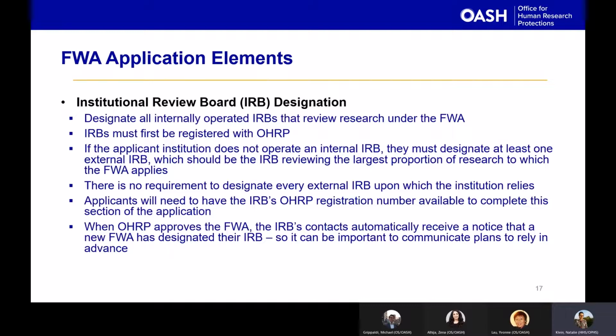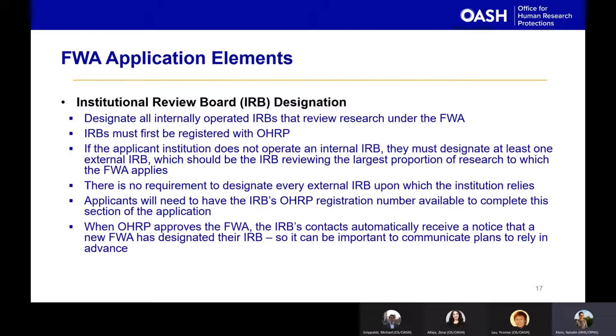The FWA application requires designation of all internally operated IRBs that review research to which the FWA applies. If the institution does not operate an internal IRB, then at least one external IRB must be designated. It should be the external IRB reviewing the largest proportion of research to which the assurance applies. There is no need to designate all external IRBs on which your institution relies.